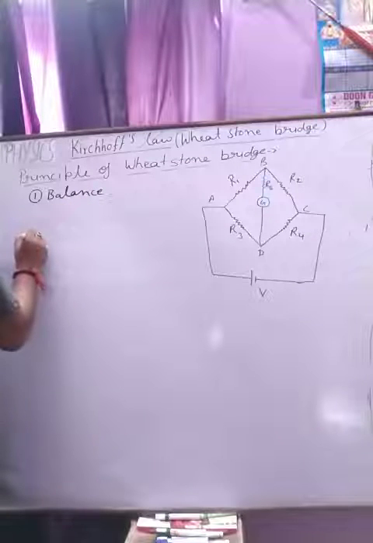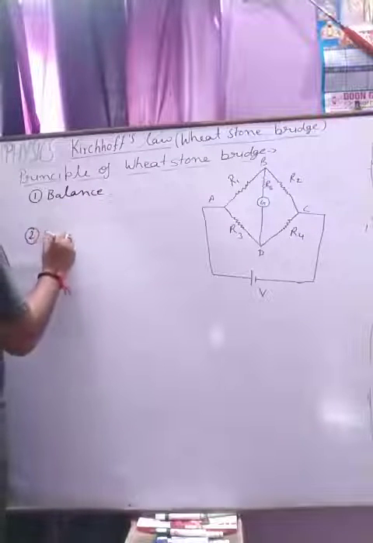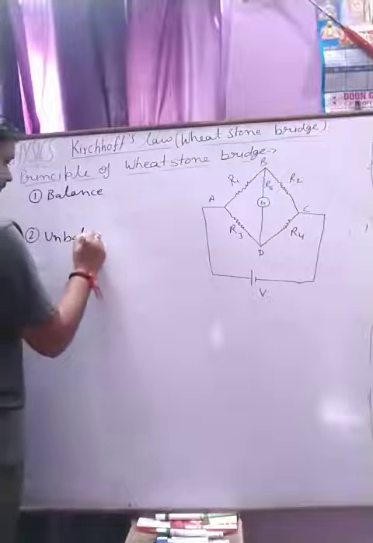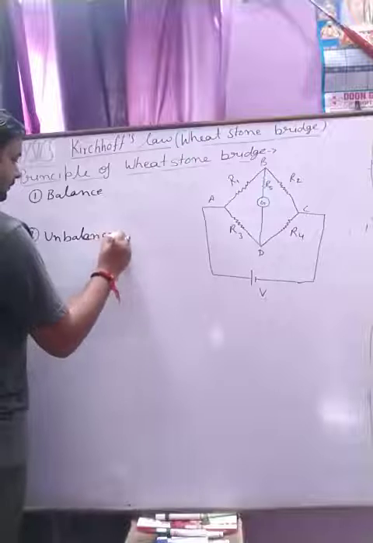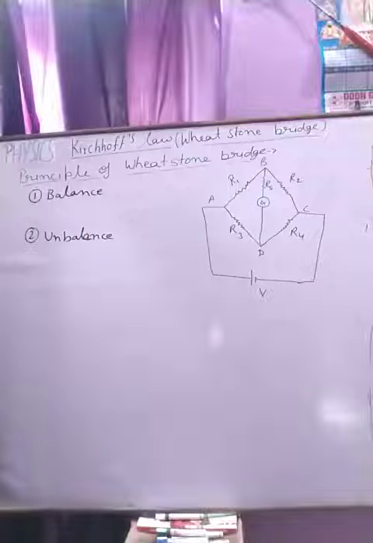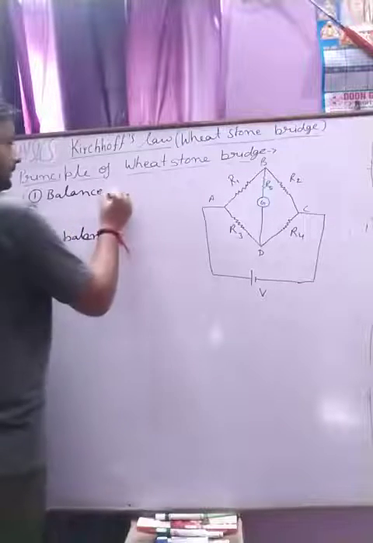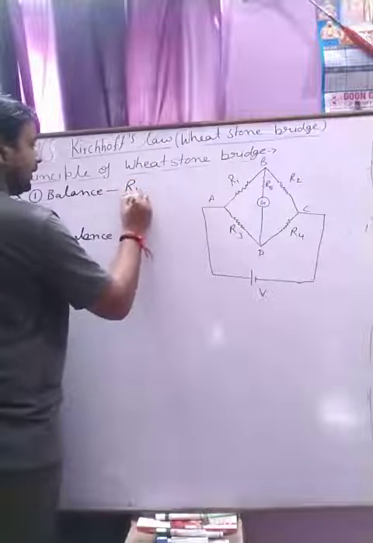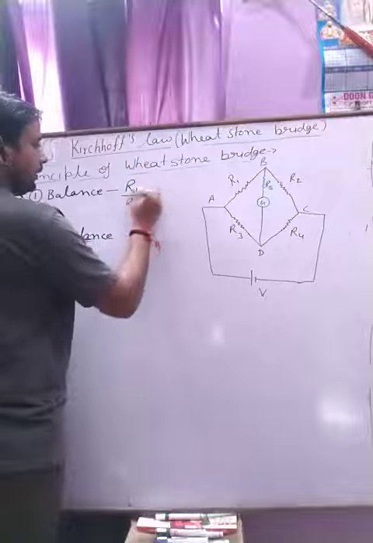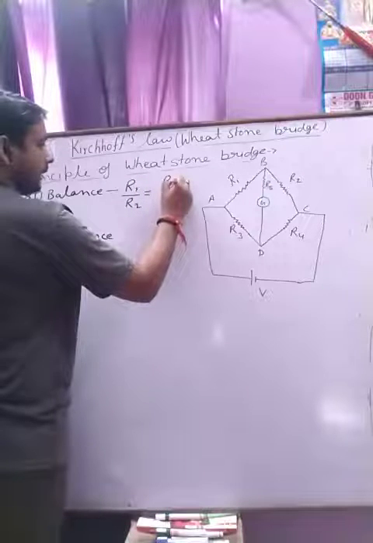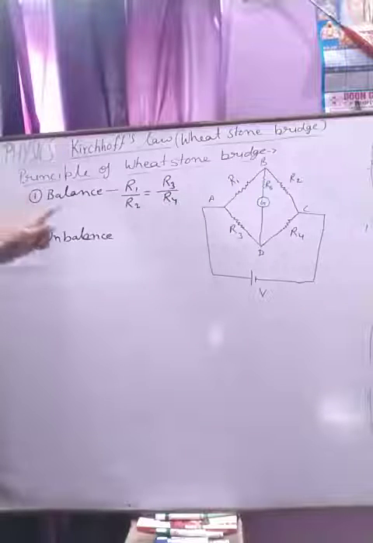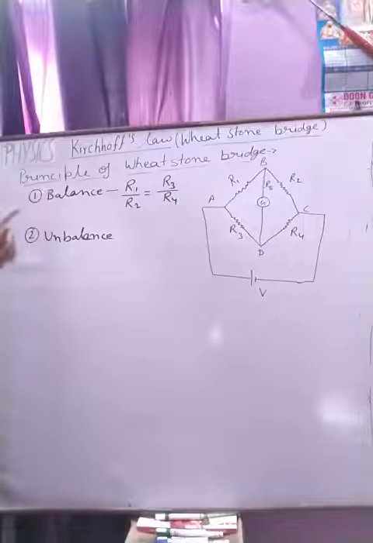And second is unbalanced. Okay. The condition is: if the ratio of R1 upon R2 is equal to R3 upon R4, the bridge is said to be in balance condition.